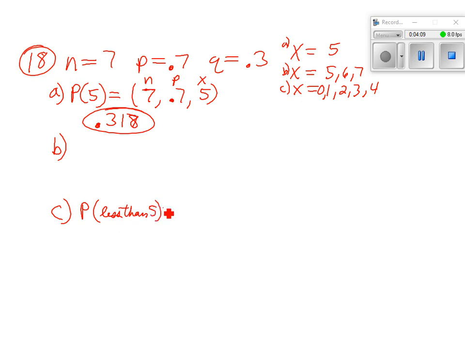On your calculator, instead of binomial PDF, you can use binomial CDF and put in 7, 0.7, and 4, because we don't want to include 5. That gives 0.353.